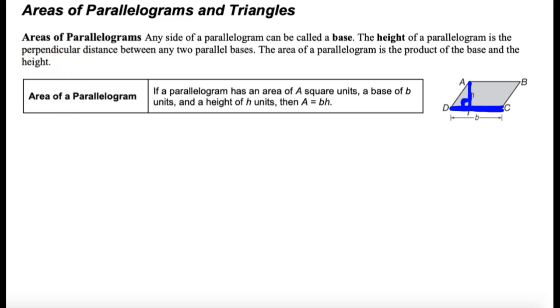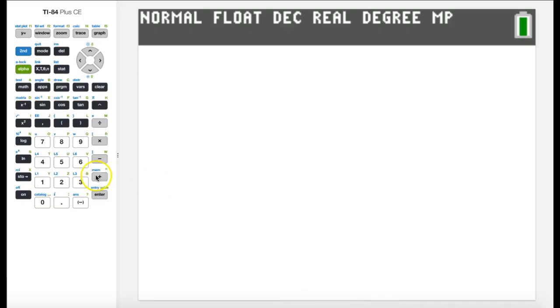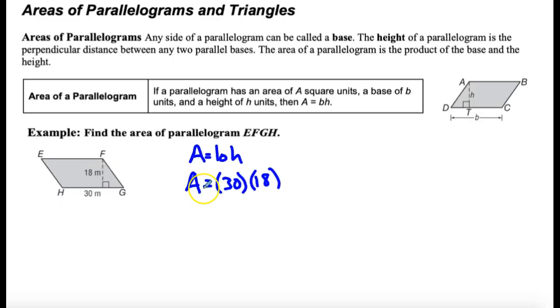Okay, so let's take a look at a few examples. Here we are given those two pieces of information. I'm given the base is 30 and the height is 18. So my area, which is just base times height, will be 30 times 18, and we can use our calculator. 30 times 18 gets me 540.